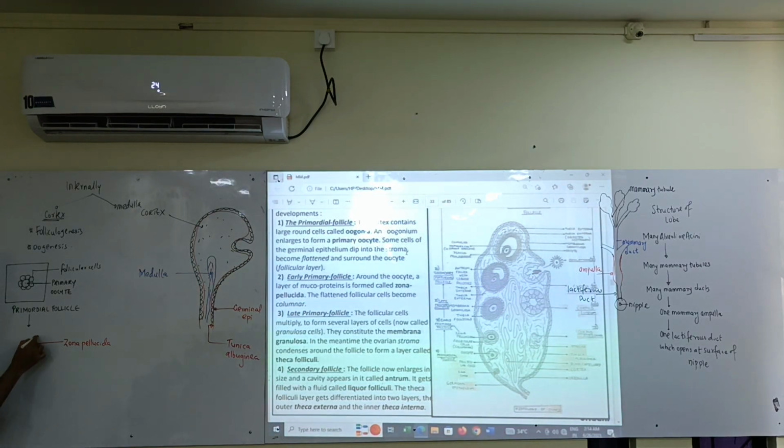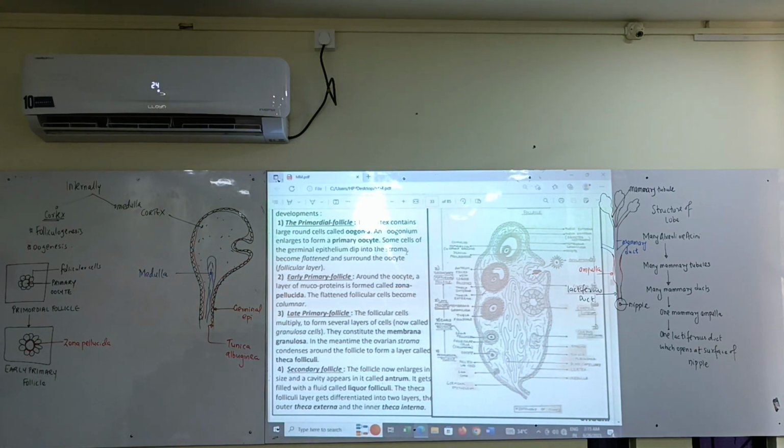And the columnar follicular cells. Now this is a new structure that has been developed. This is called the early primary follicle. What do you call this? Early primary follicle.